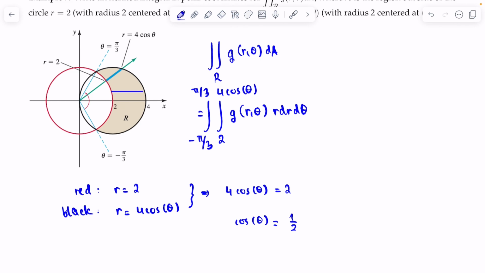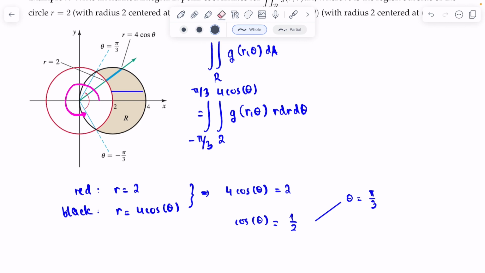When cosine of theta equals 1/2, one possible solution is theta equal to pi over 3. Another option, if you rotate theta in the counterclockwise direction, is 5 pi over 3.